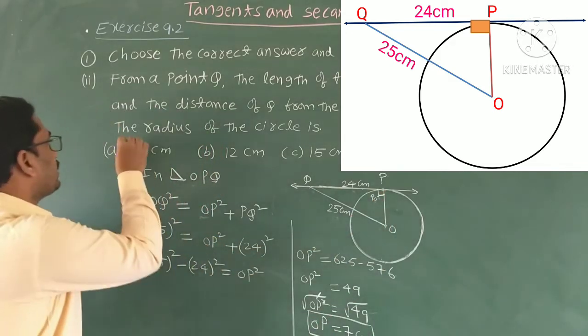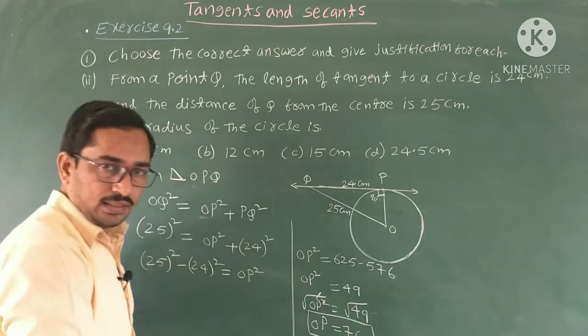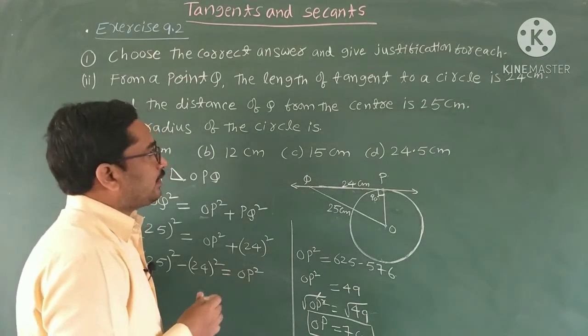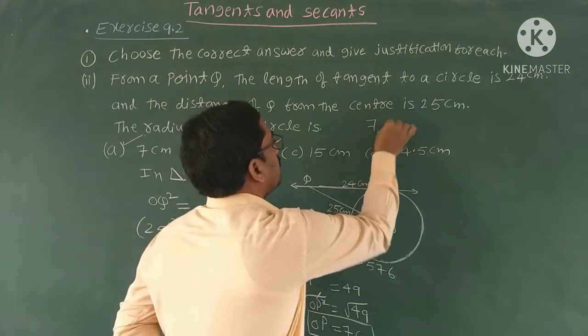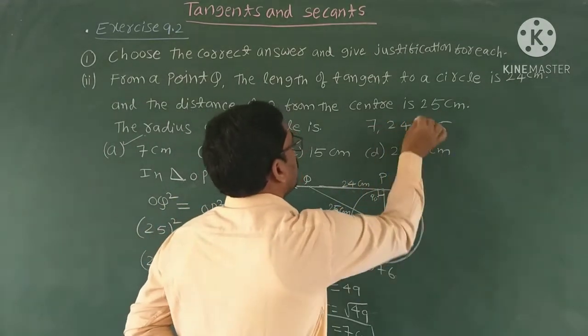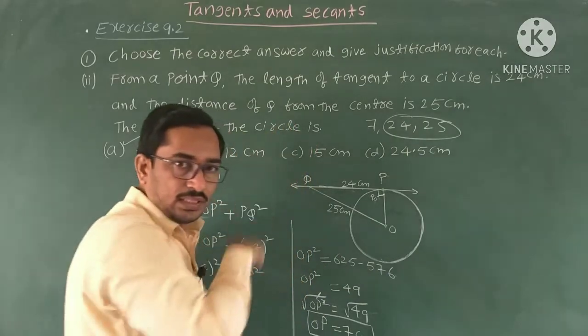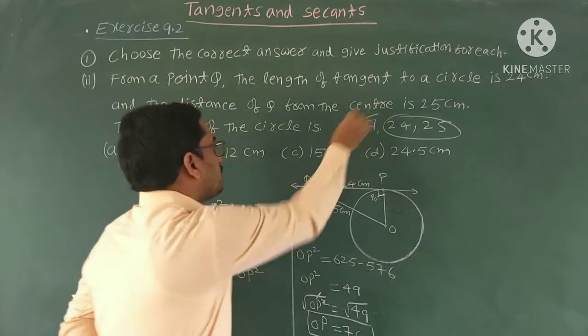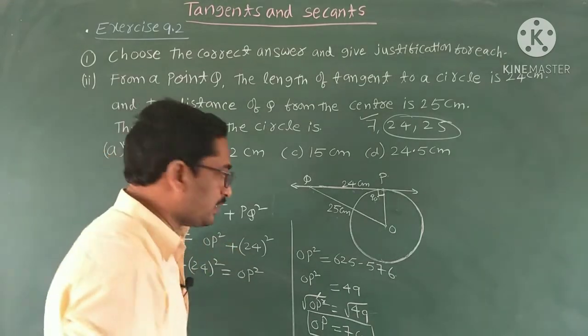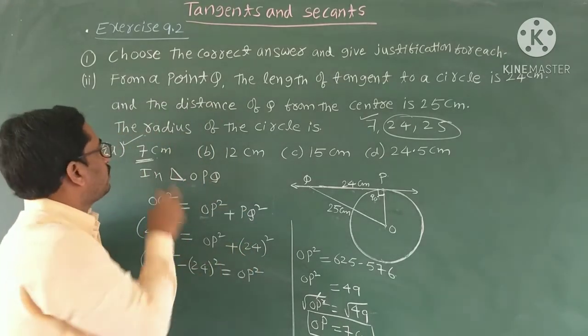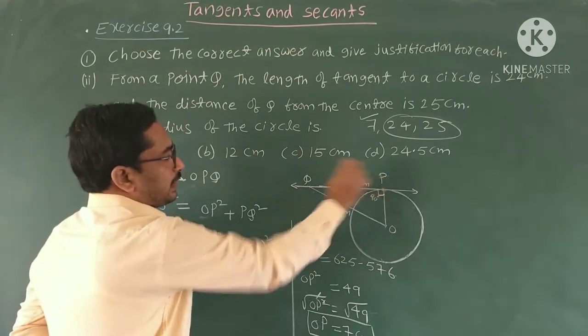So, the answer is A. You can observe it easily from Pythagorean triplets. The triplet is 7, 24, 25. 24 and 25 are given in the question, so the missing number is 7. We can directly find out the answer is 7, but this is the solution, how to find the radius of the circle OP.